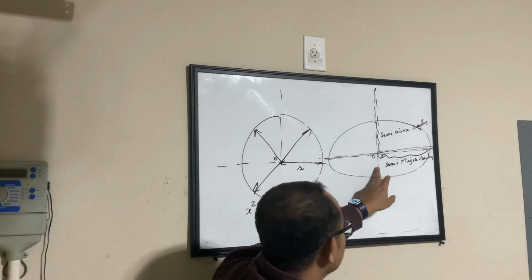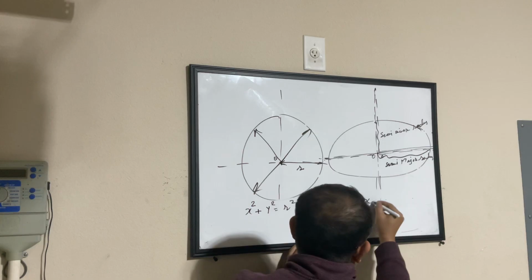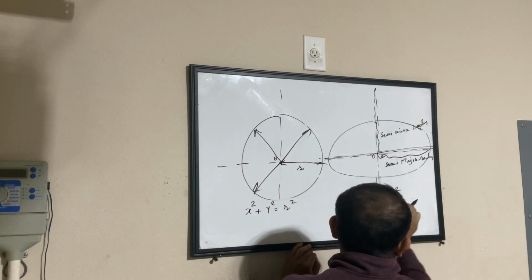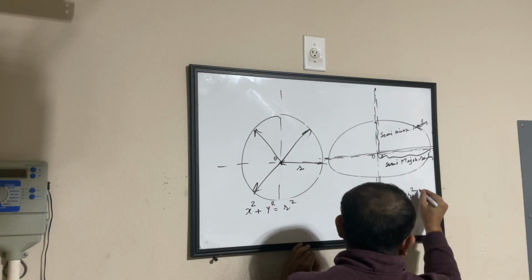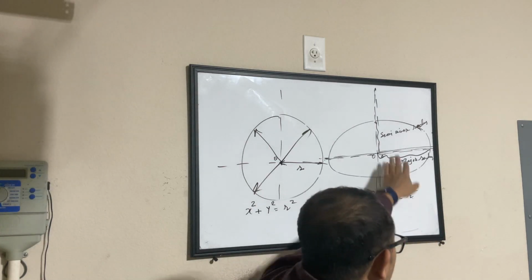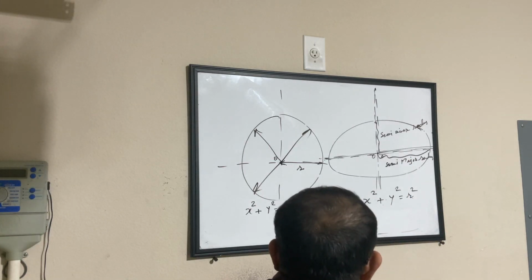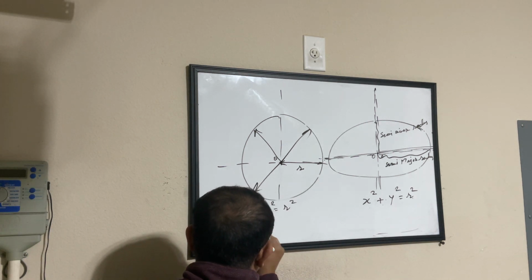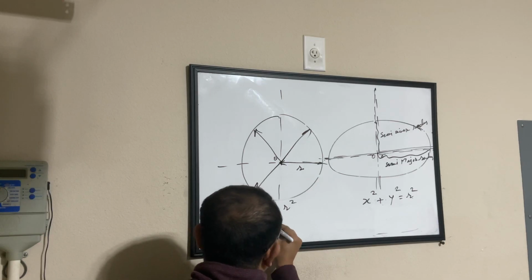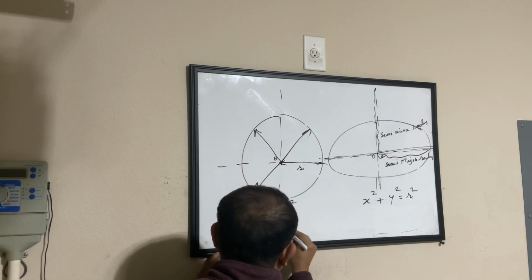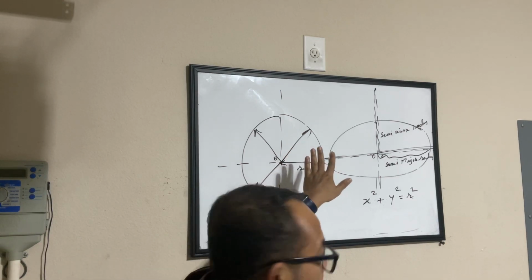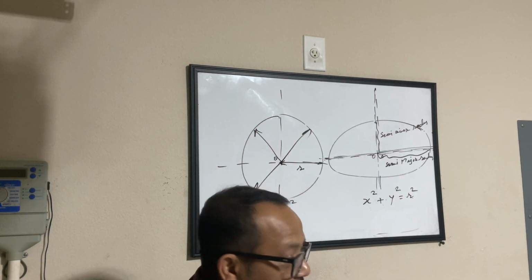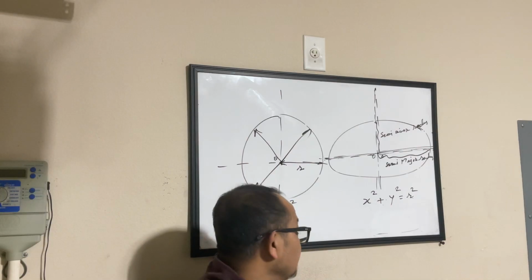Here also let's assume this is the radius, and I'm just keeping it the same way: x square plus y square equal to r square. I'm just keeping it r; there is nothing called r in this place. This will become x square over r square plus y square over r square equal to 1. This is my equivalent circle equation when my center is at the origin of the coordinate plane.